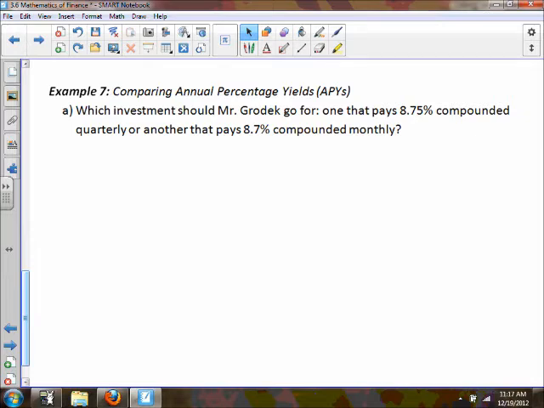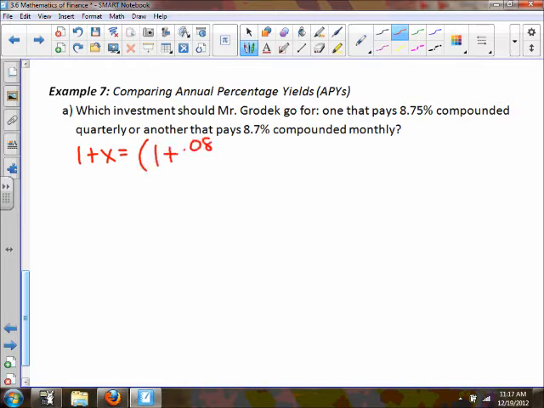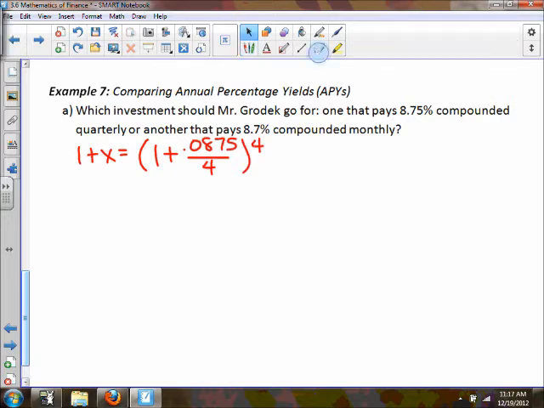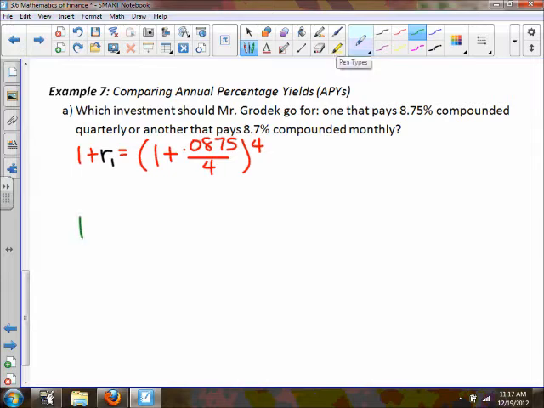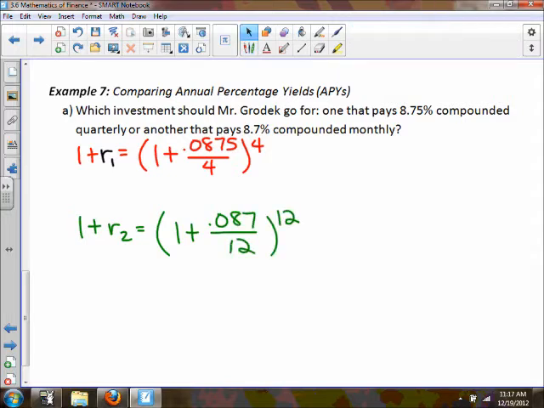So again, 1 plus R1 is equal to 1 plus 0.0875 over 4 to the 4th power. Actually, I want to change this instead of X. We're going to call it rate 1, so R1. And that means 1 plus R2, 1 plus 0.087 over 12 to the 12th power. Yes, 0.0875 comes from here. Oh, that's R2.